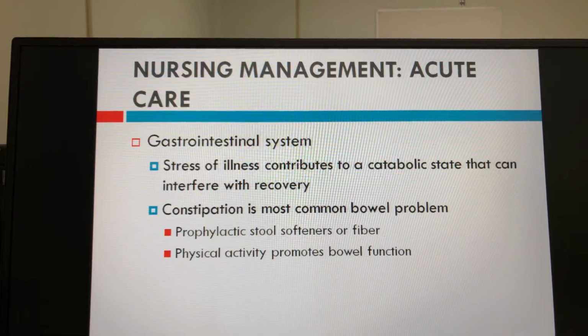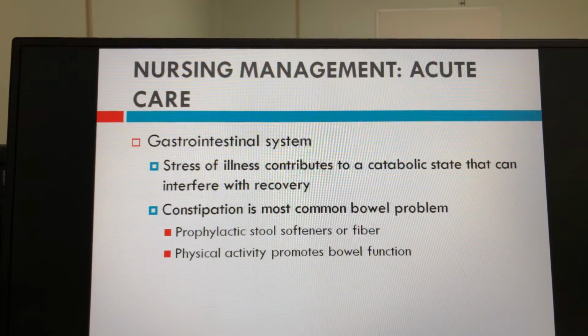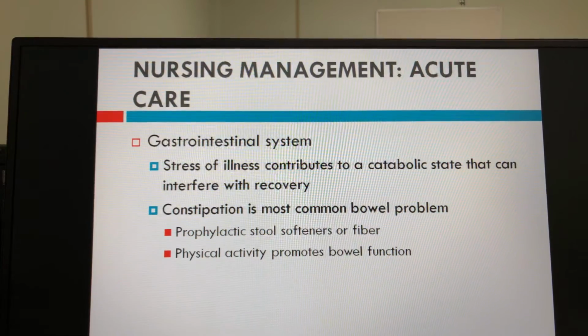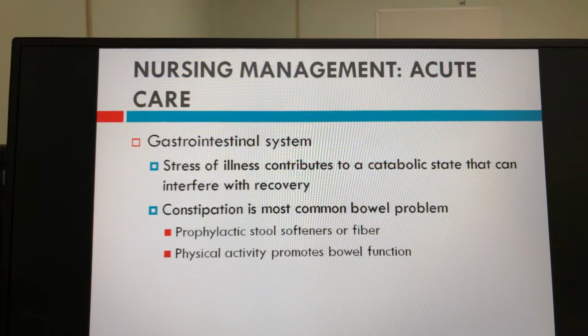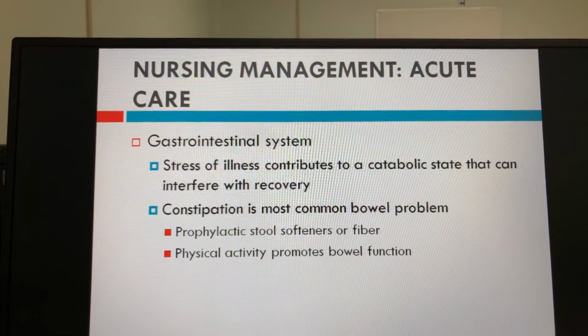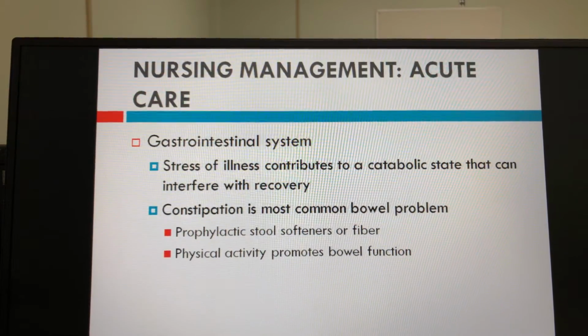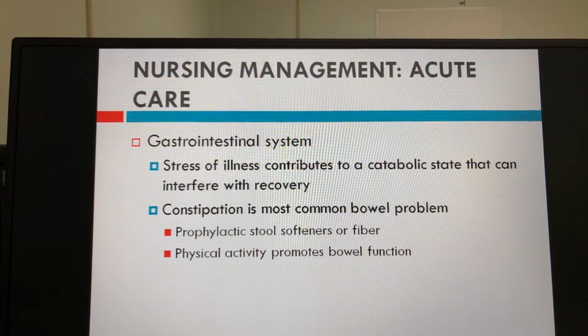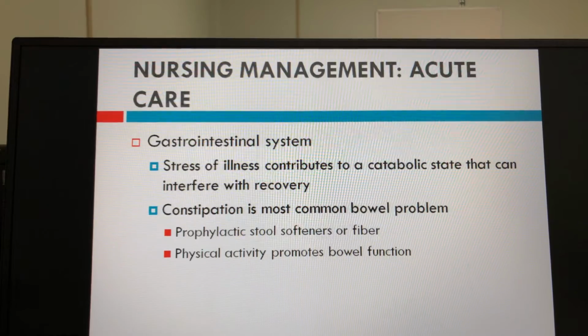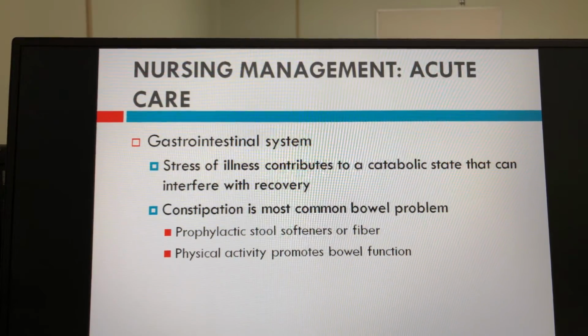So depending on the patient's fluid balance status and swallowing ability, fluid intake should be at least 1,800 to 2,000 mL per day. And the fiber that they ingest should be up to 25 grams per day. So a diet high in fiber, bulk, and roughage, and IV fluids, those all help eliminate the problem of constipation.